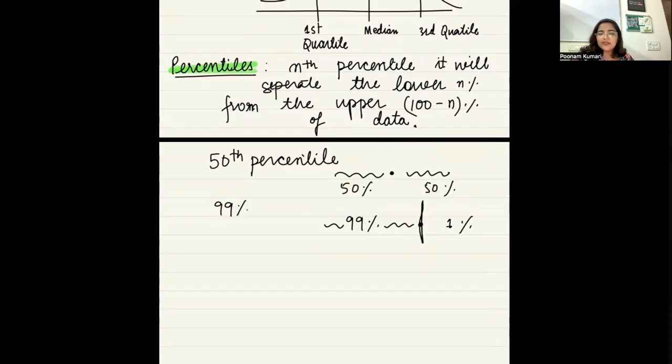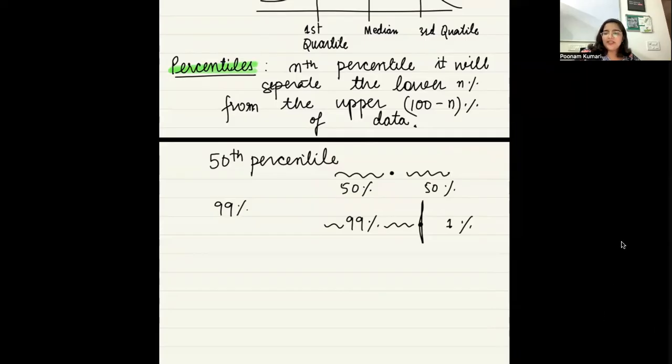Yes, ma'am. So what is a 50th percentile? What is that point which divides the data into 50% and 50%? Have we read something related to this? What does the median value do?